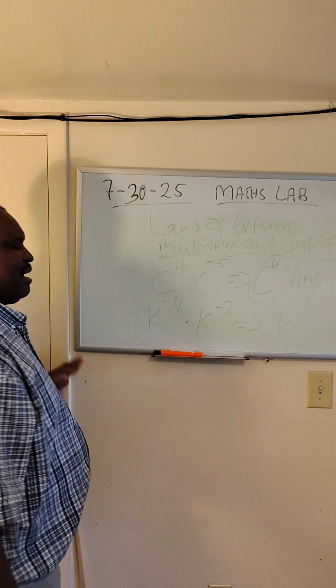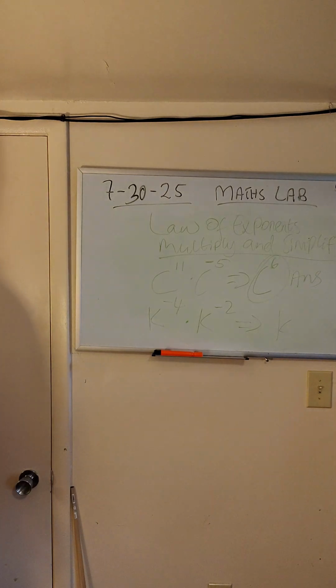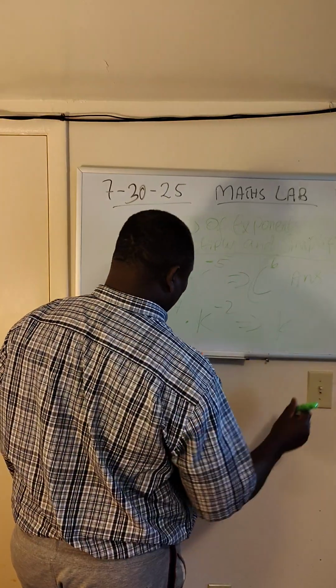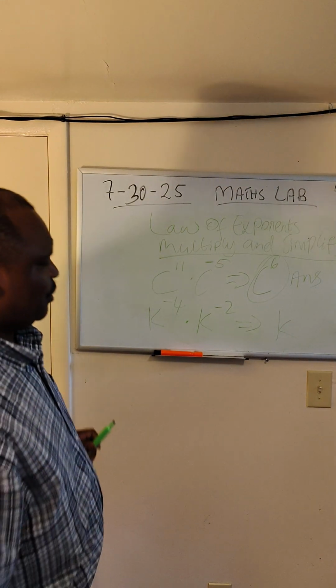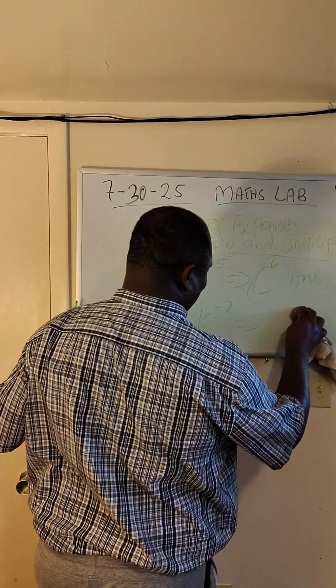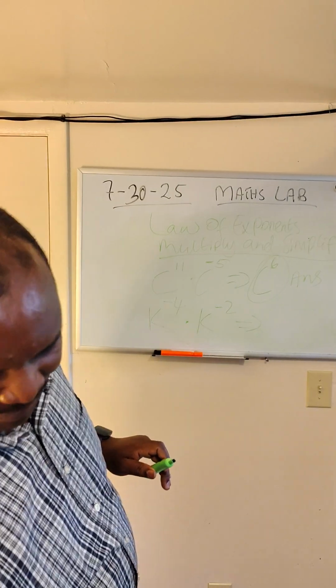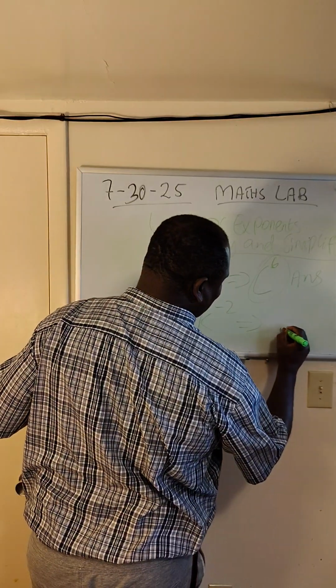But then we have this negative 4 and negative 2. First of all, we have k times k is k.